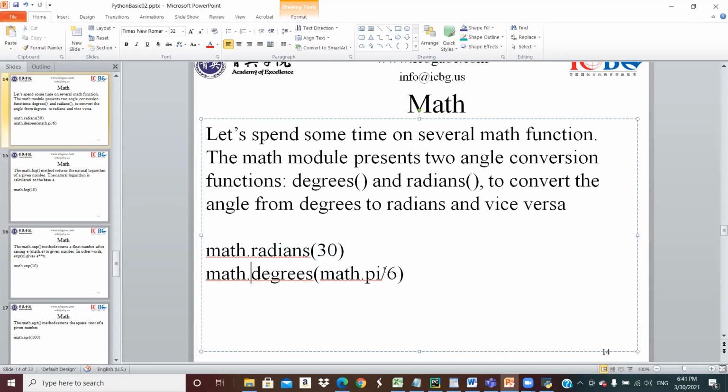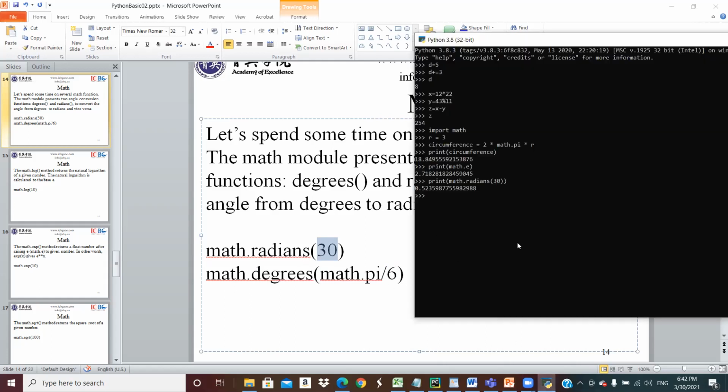Okay, let me give you this one. I want you to print out this one. For the students who are in high school, you know what it means. This is pi divided by 6. You may get something a little bit different, but it's around 30 degrees. Let me print it out.